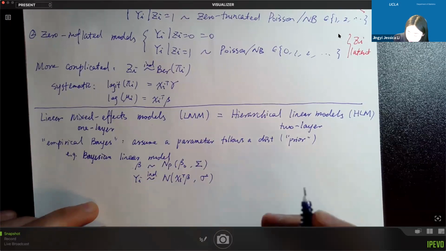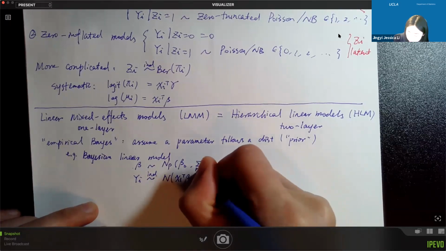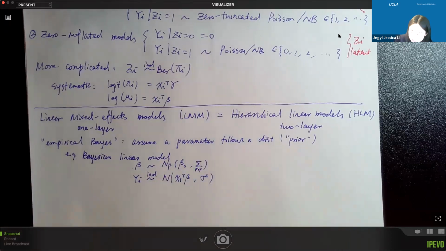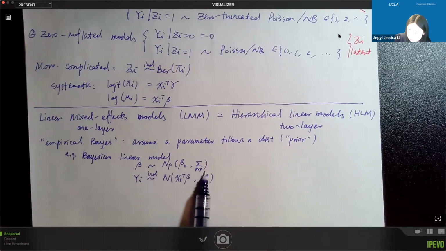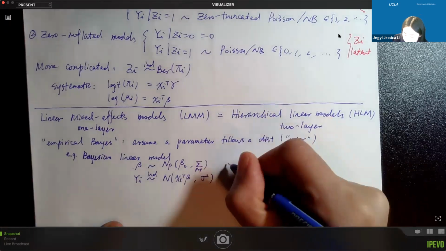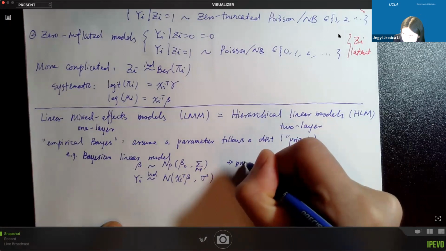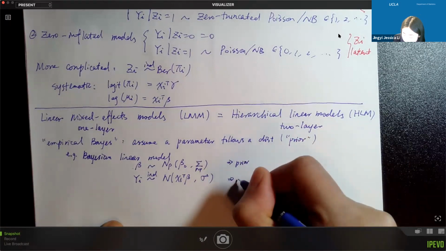So sigma is a p by p matrix. So you can assume that. So adding this layer, you are a Bayesian because this beta is a parameter and you assume it to be random. So this is what will give us the prior. And this will give us the likelihood.